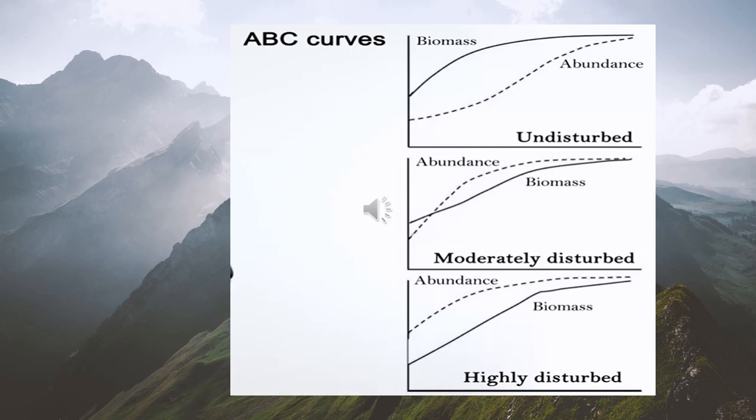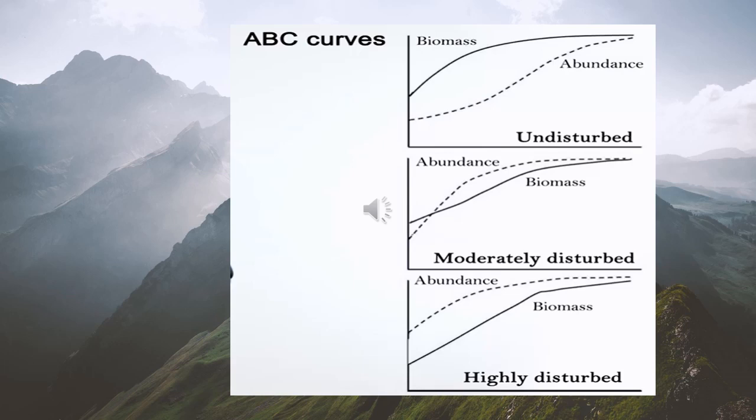Now if you put on the x-axis the species rank as log, and on the y-axis the cumulative biomass or abundance of each species, you will see that in undisturbed places the biomass curve is always over the abundance curve. It means that the biomass of the system is higher than the number of individuals.